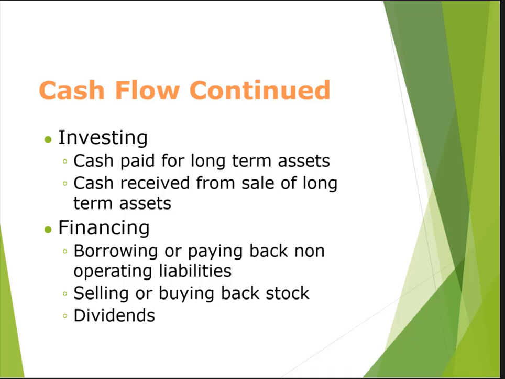And if you're talking about those that depreciate, you have an added complication with the depreciation, the accumulated depreciation. Typically, it's going to be pretty easy to figure out how much cash was received from the sale of these long-term assets. You can usually look that information up. Cash paid for long-term assets, you may have to go into a little bit of a more involved process.